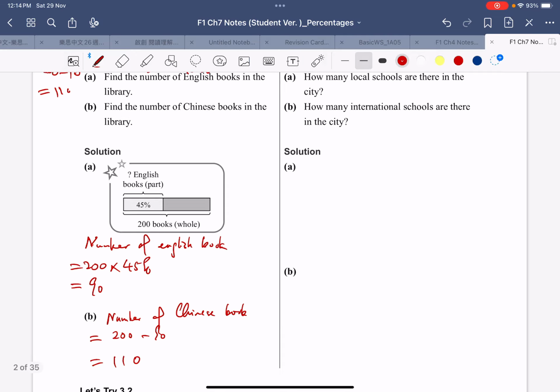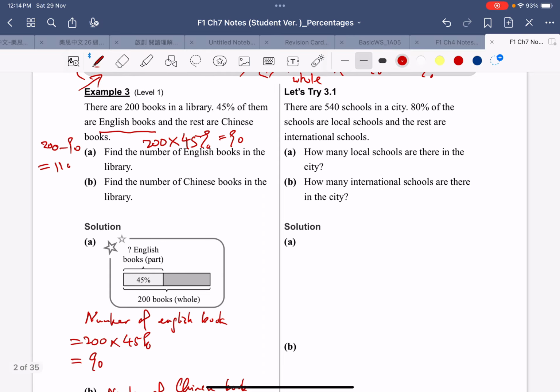All right, let's try the right hand side. Okay, the question. 80% of 540 schools are local.